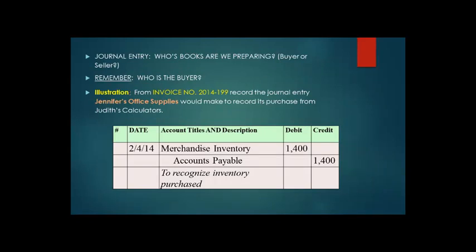So first transaction, Jennifer's received the invoice and they will pay in 30 days. The terms are 2/10 net 30. So we debit the merchandise inventory account and we credit accounts payable. Debit, credit to recognize the purchase of inventory.